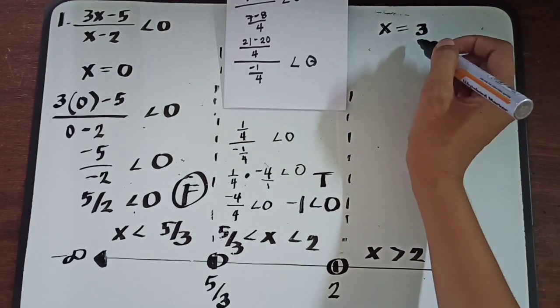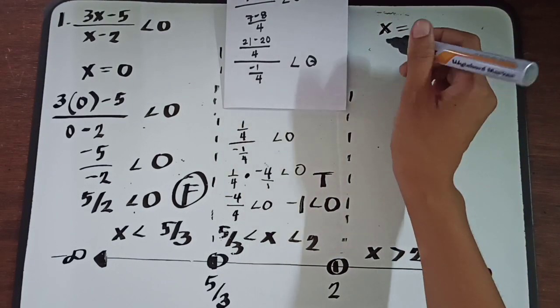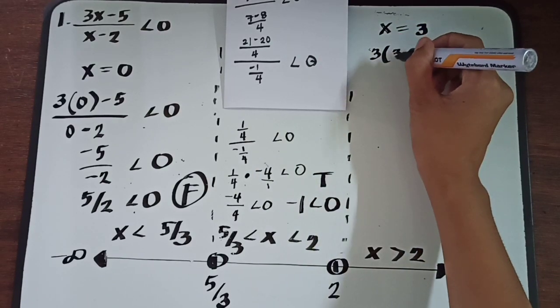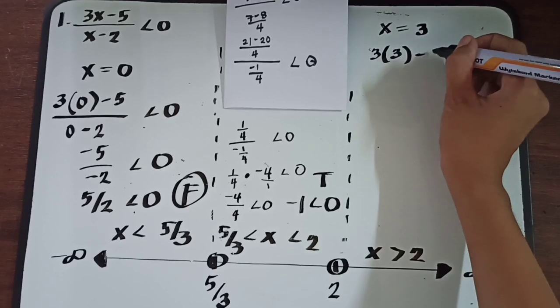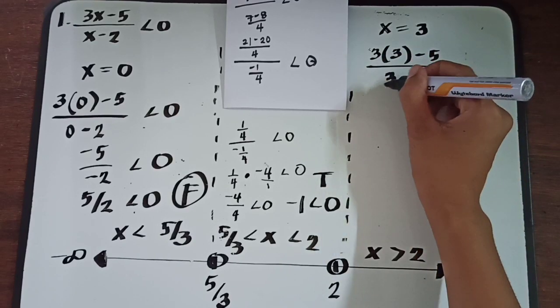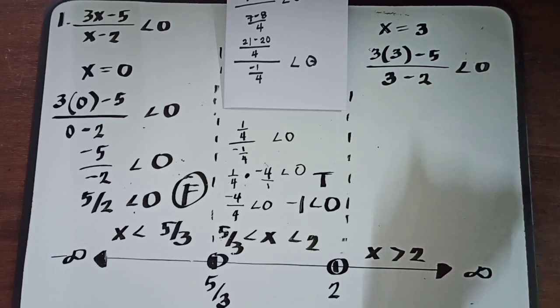Okay, so if x is equal to 3, substitute the value of x in our given inequality. So, that is 3 multiplied by 3 minus 5 over the value of x, which is 3 minus 2, less than 0.